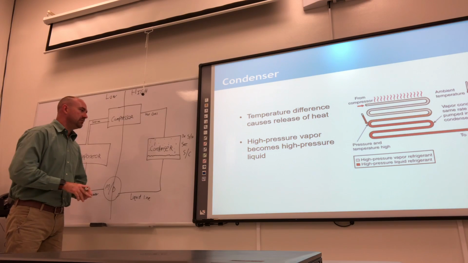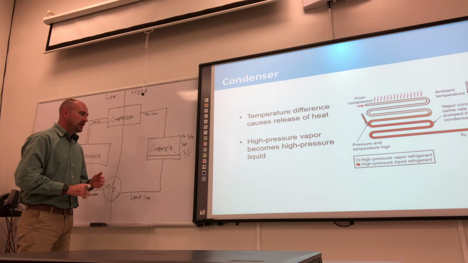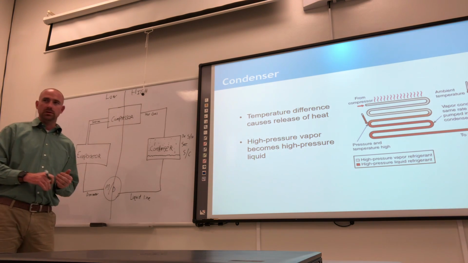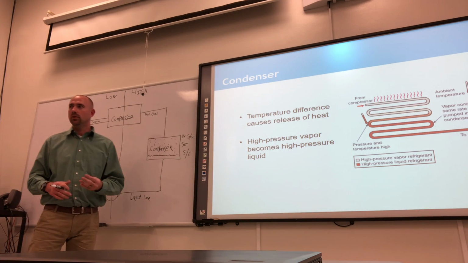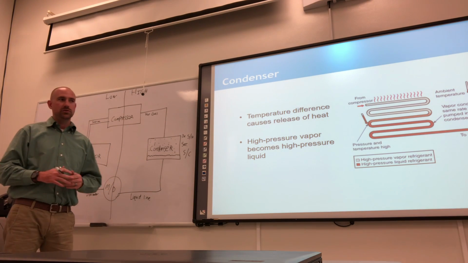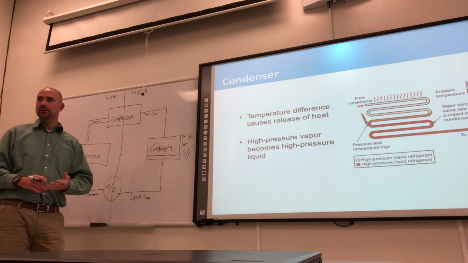The terms superheat and subcool refer to whether or not the refrigerant is above or below its boiling point. So say water. Water boils at 212 degrees. If I had water at 213 degrees, it's going to be in a vapor state.